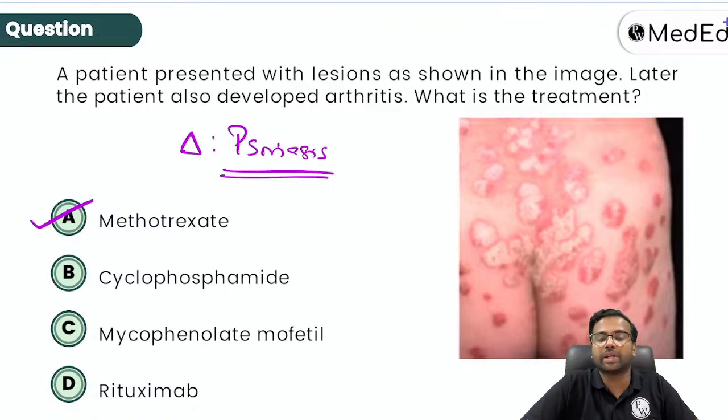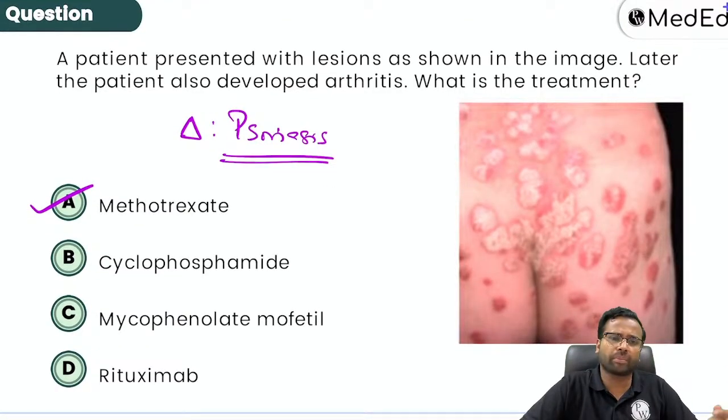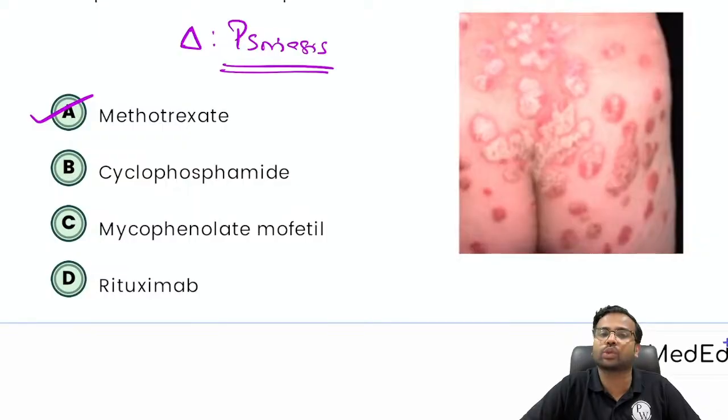So even if the patient is having psoriatic lesions over the trunk along with joint pains, that is arthritis, the answer should still be methotrexate. And cyclophosphamide, mycophenolate, all those things can also be used as a systemic agent. But we usually don't use rituximab in psoriasis.